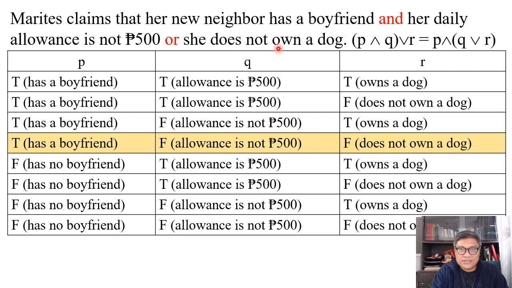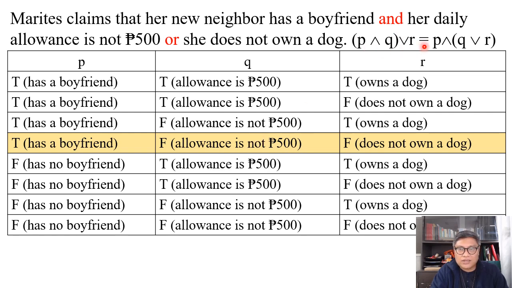Then she does not own a dog. So does not own a dog here. So we have to look for these combinations. Has a boyfriend, daily allowance is not 500, then does not own a dog. So these 3 are the ones that we need to evaluate or validate whether this one is true or not.